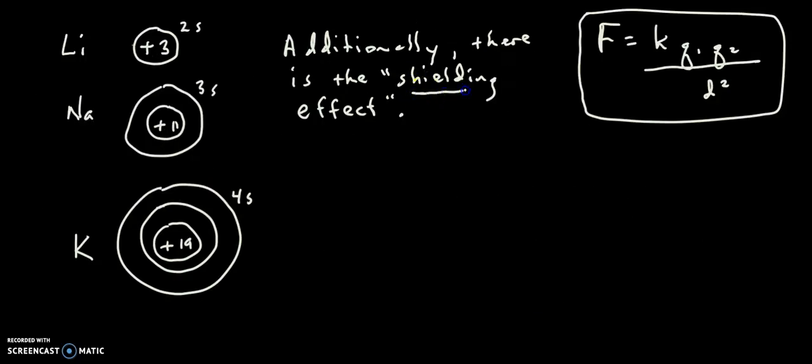Additionally, as we move down the periodic table, there's also something known as the shielding effect. As we progress downward, each atom has more and more full inner layers of electrons that block the nucleus from effectively interacting to its fullest with the outermost electrons in the atom.